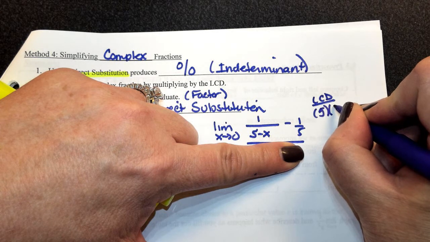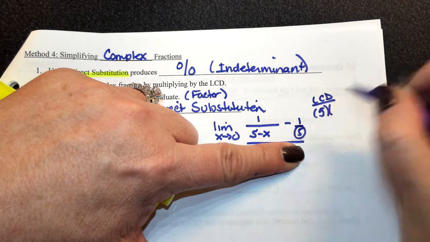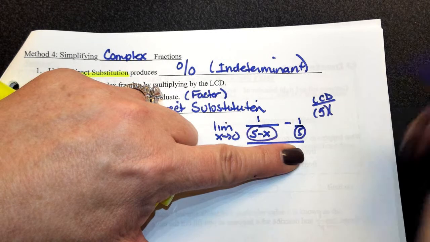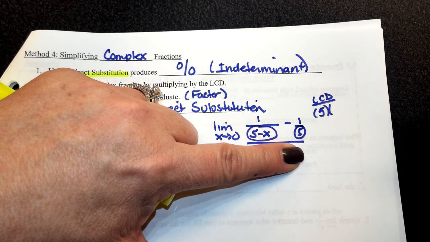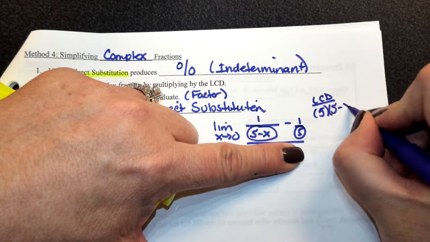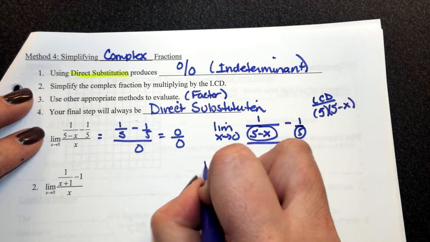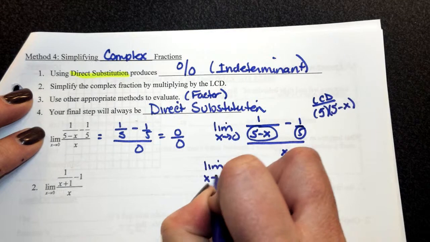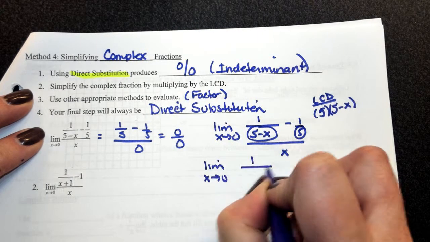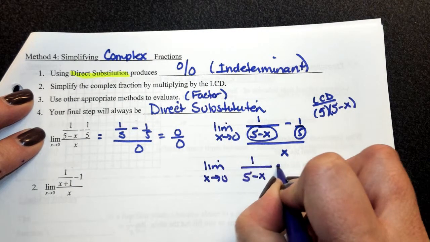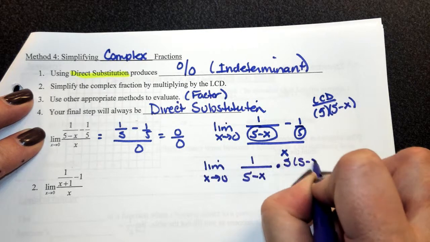This denominator is a 5, this has 5 minus x. So the LCD is going to be 5 times 5 minus x. So now what I'm going to do is multiply each of my fractions by that LCD. So 1 over 5 minus x, I'm going to multiply by 5 times 5 minus x.